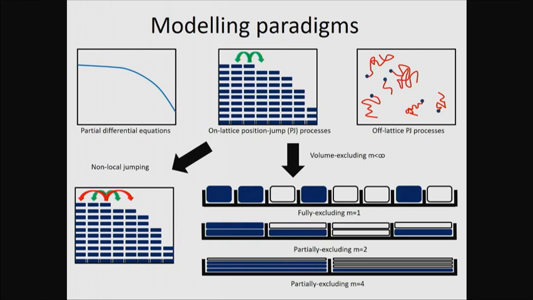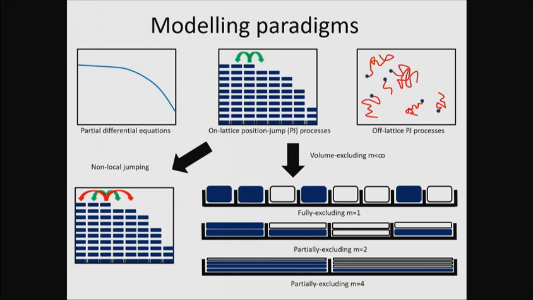So that's non-local jumping. And then for this on-lattice position jump process, an extreme case when the capacity of each of these boxes is just 1, it takes me back to my volume excluding process that I showed you in the very first part of the talk. So cells, only one cell can sit in each site. But there are ways of making that a bit faster. Maybe I double the size of each compartment and I also double the capacity.